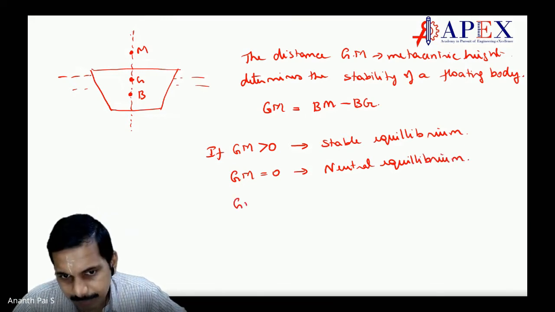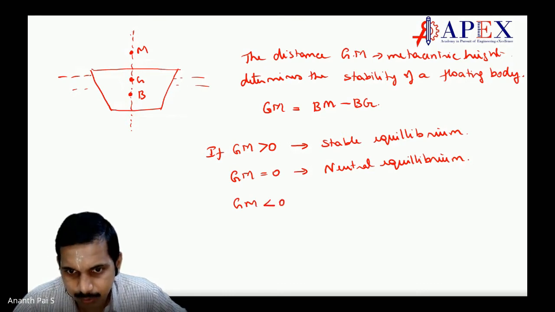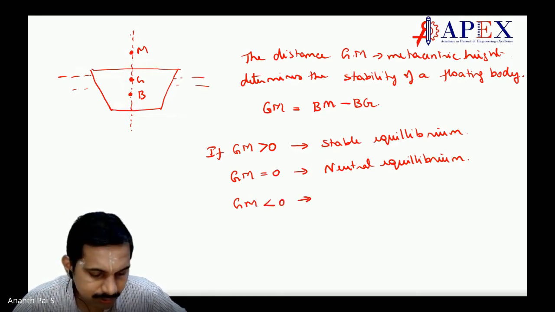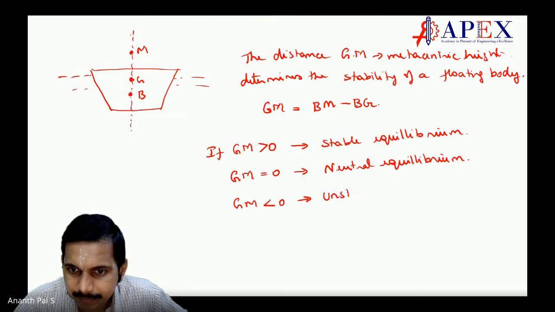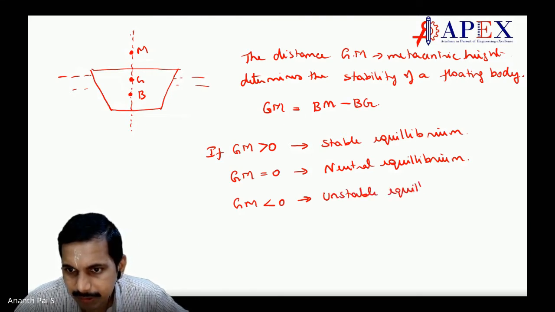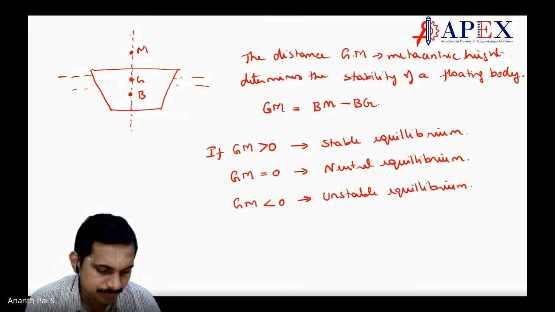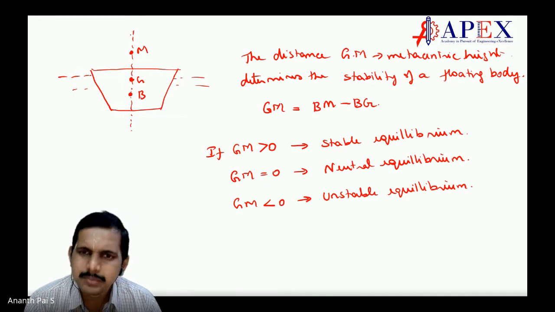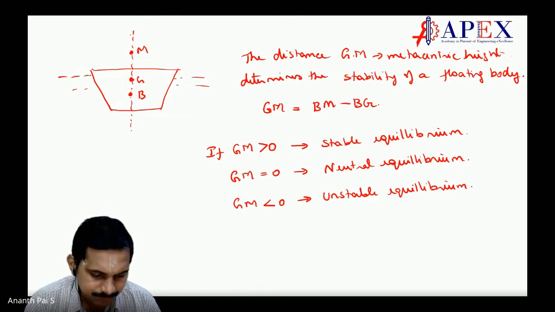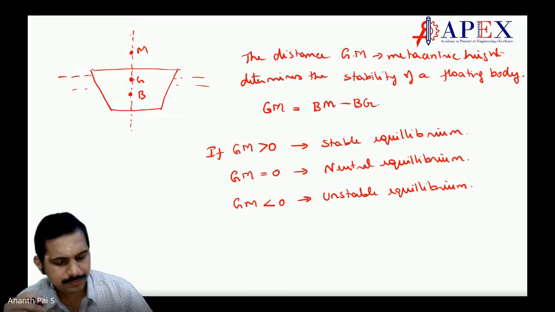If GM is less than 0, then it is called unstable equilibrium. I hope you get that, students. Write this down. Next, what is the importance of metacentric height? I will tell you. It's not just in stability. There are some more things involved with it, so let us see one by one.